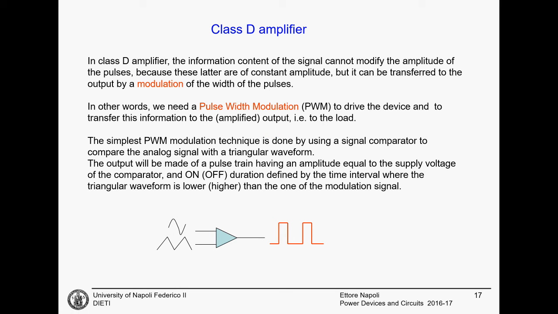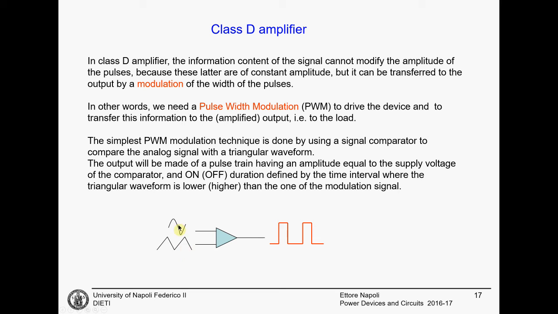The simplest way of obtaining a pulse width modulation is using a signal comparator to compare the analog signal that we want to amplify to a triangular waveform, as shown below. This is the input signal, and this is a triangular waveform with a quite high frequency.